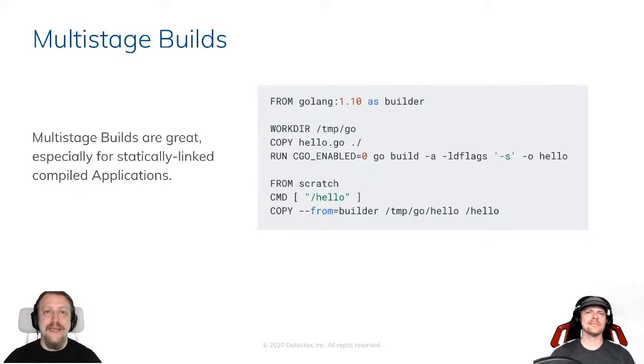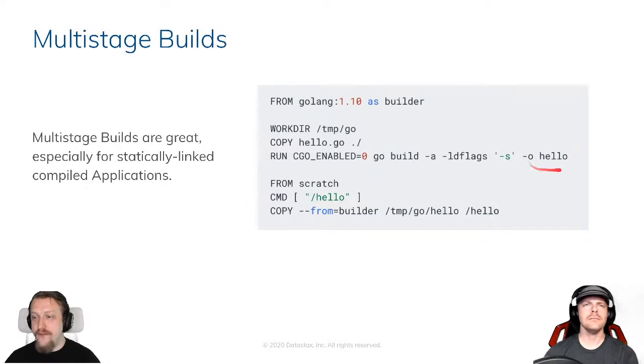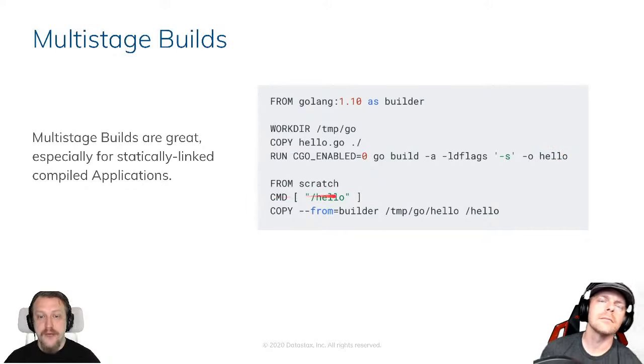Scratch is literally an empty image, and when I say empty, I mean empty. That's even more lightweight than Alpine, and it was hard, let's say, but yes, it's done. Then we have this CMD, this container will execute the /hello command, so the file we just compiled, when it will be started.